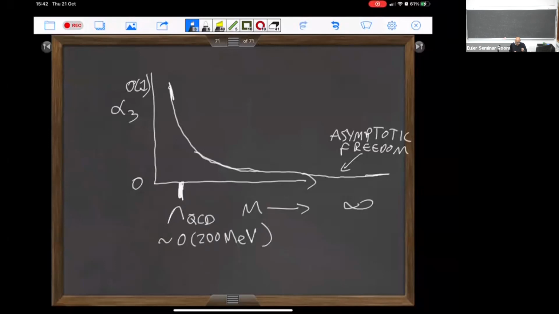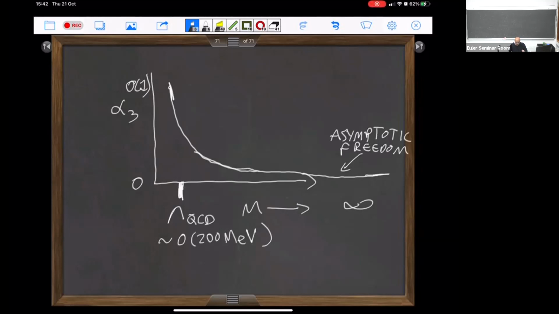Which means that if you have a quark and an antiquark, they want to form a bound state. In other words, it's energetically favorable for them to bind together, as opposed to a state of two free quarks, or a quark and antiquark pair.